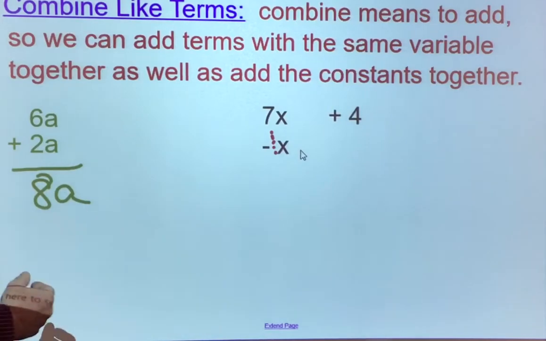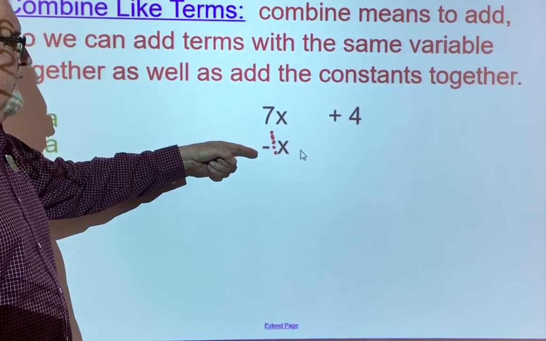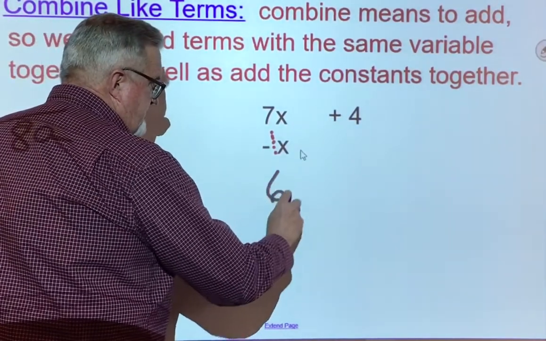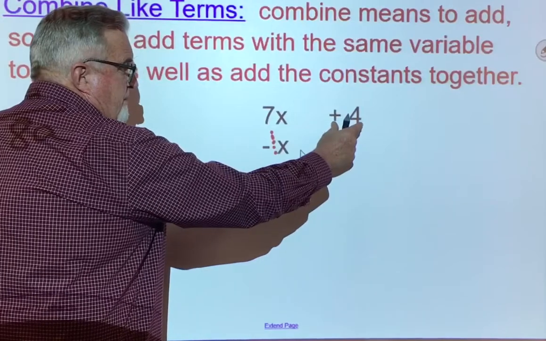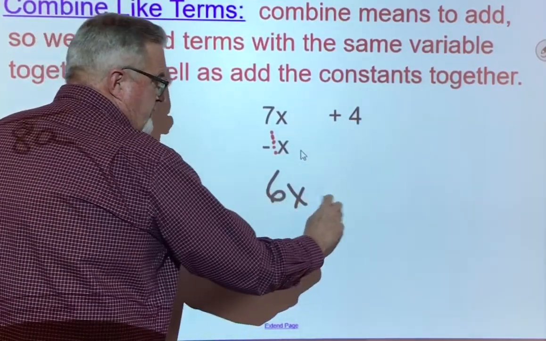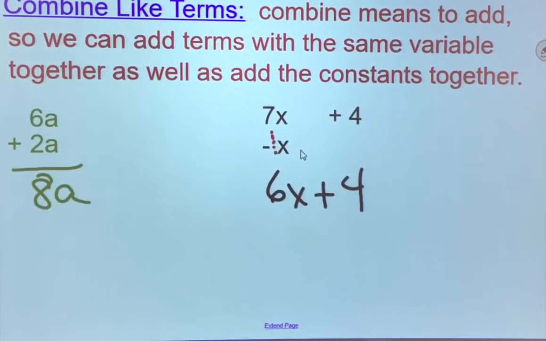Because you can multiply any number by 1 and not change its value because of the multiplicative identity property. So basically what we're doing here is we're adding 7 plus a -1, which would give us a 6. So we have 6x. We can't combine this with anything. 4 and 6x aren't like terms, so I just bring it down and I've got 6x plus 4.